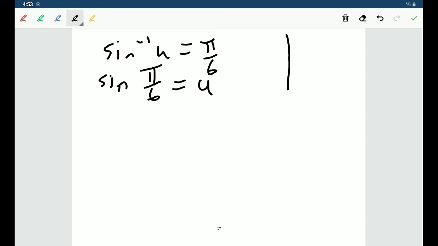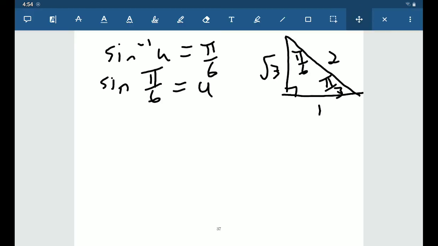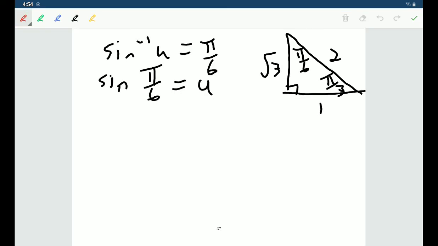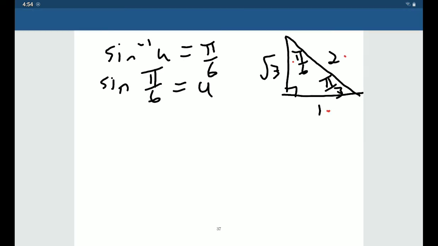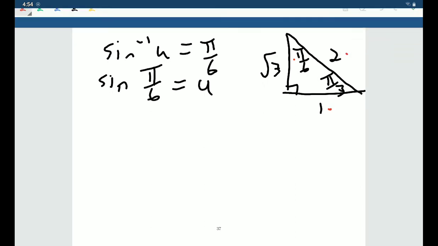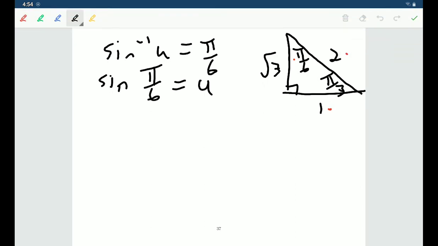And if you're using your special triangles, 30, 60, and 90, for sine of pi over 6, that would be opposite over hypotenuse. That would be a half. So we have that sine of pi over 6 is a half.